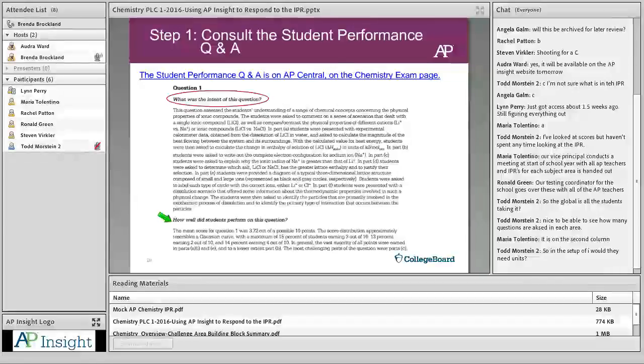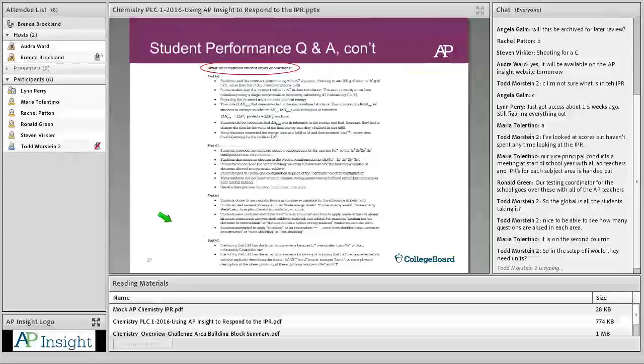So you would use that IPR to decide what questions you really want to focus on. And then you would look at these Q&A, and as I've turned the page, you can see it's very spelled out as to what some of the errors in fact were. It's not even just going to be generally about question one, it's actually going to be about each of the different parts in question one.